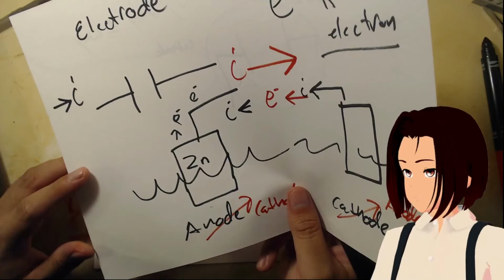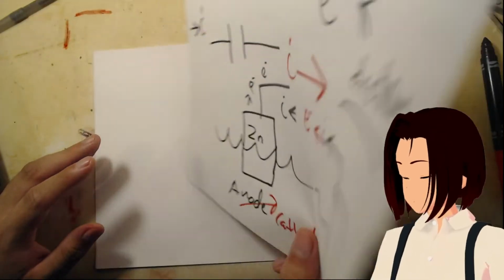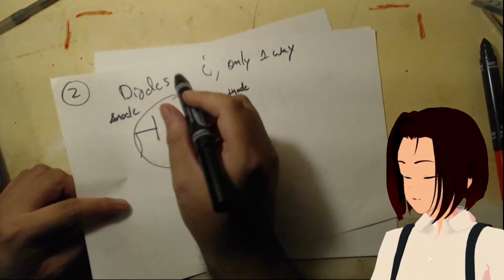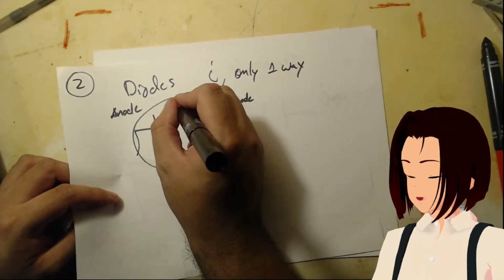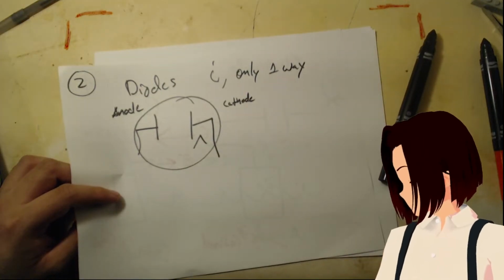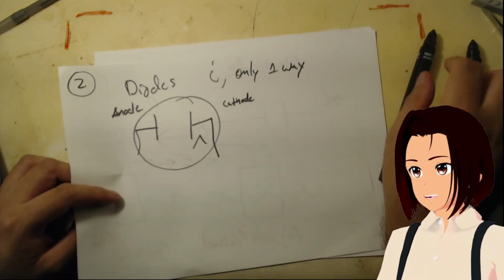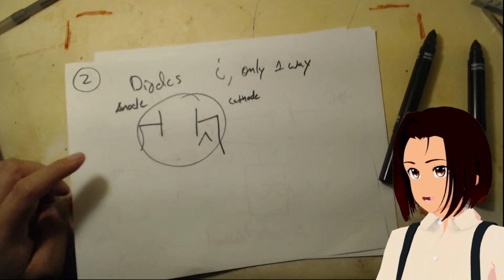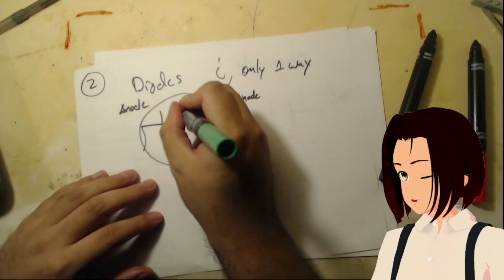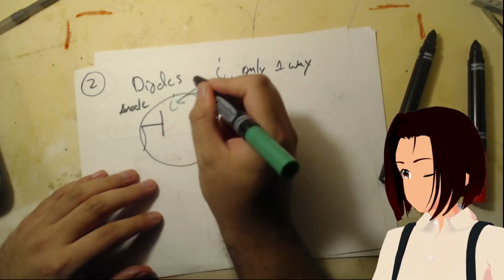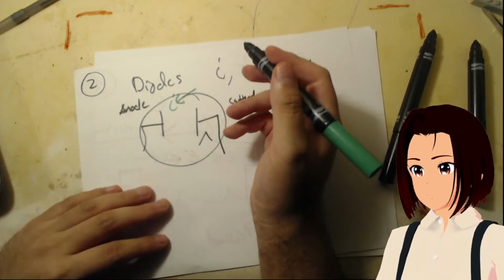I may mix them up. So you would say the current flows in. Let's mark this with the green. So you would imagine that the current goes in, right?